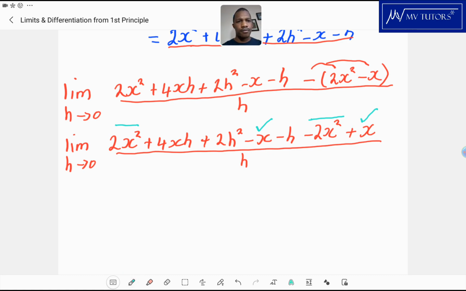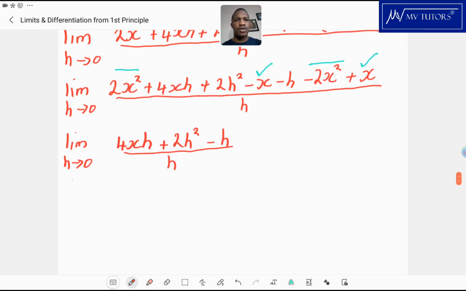Nothing. So I'm left with 4xh plus 2h squared, and then I have a minus h, everything else cancelled, divided by h.